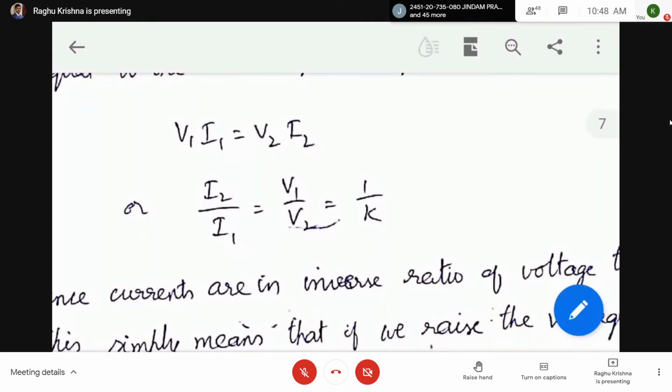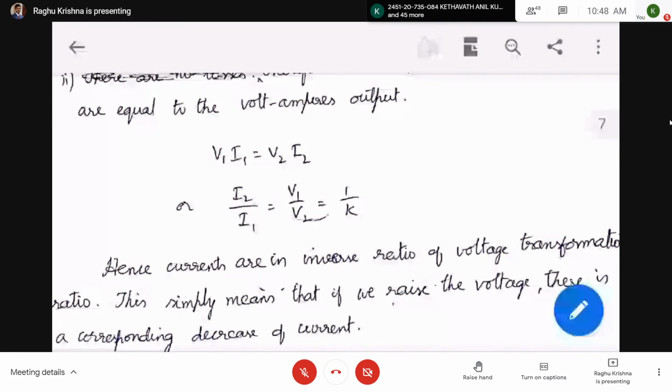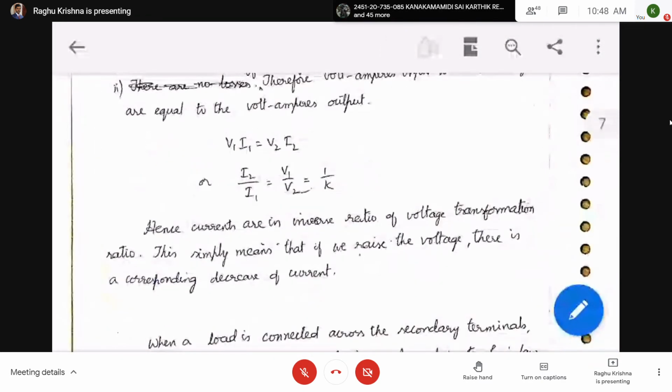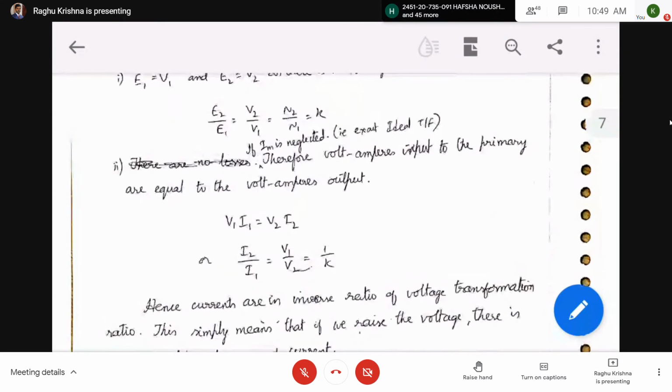K. V1 by V2 will be 1 by K. So currents are in inverse ratio of voltage transformation ratio. So K is also called the voltage transformation ratio. I2 by I1 is equal to 1 by K, where K equal to V2 by V1. These equations are drawn by considering the ideal transformer.